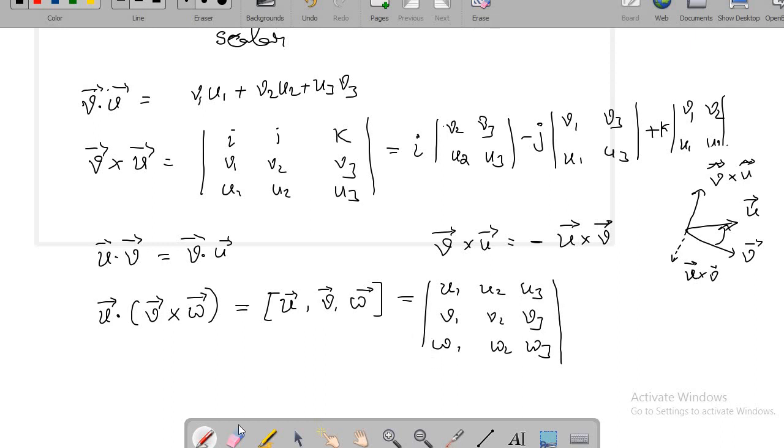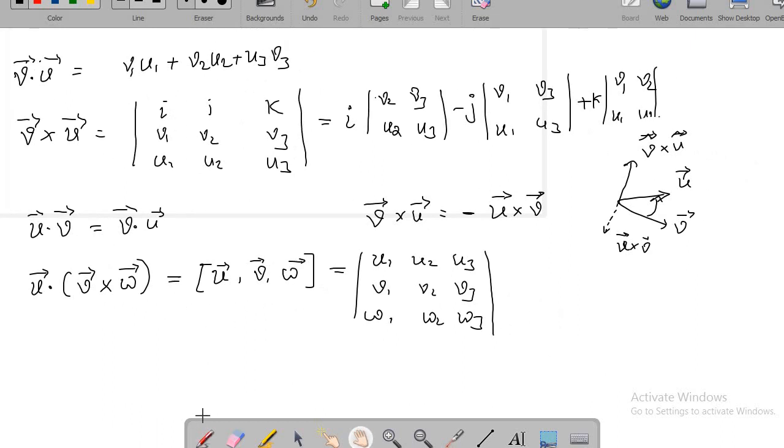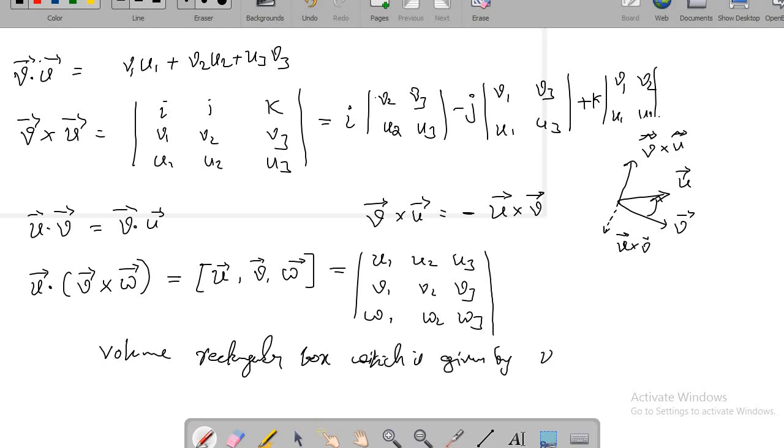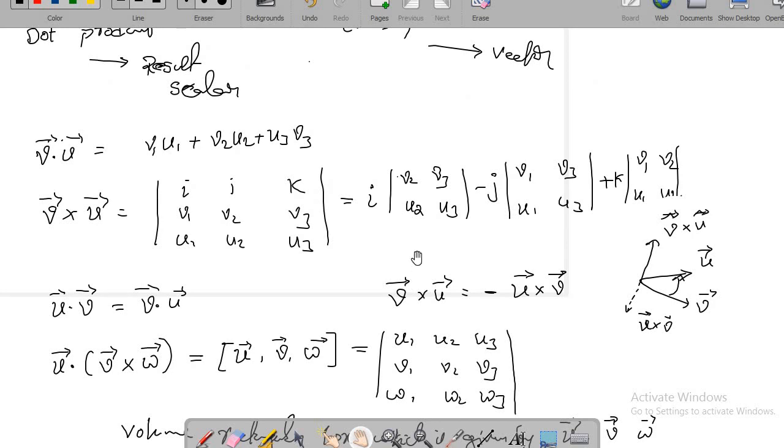So this will give us a scalar. This scalar quantity represents the volume of the rectangular box given by u, v, and w. It means given three vectors, you can create a rectangular box. So take this box product, which will give you the volume of the rectangular box. So these are the basic products you have: the dot product, cross product, and the box product.